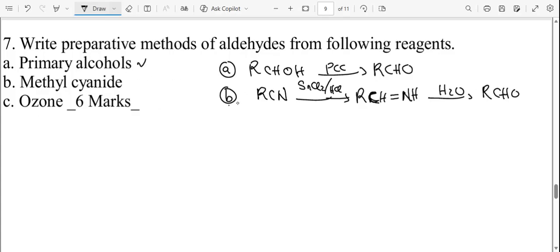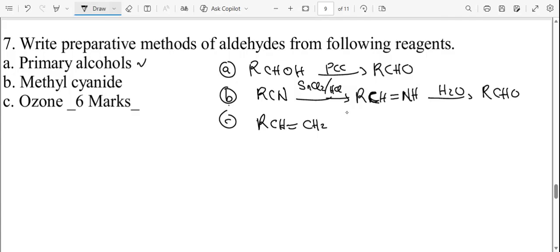Then from ozone, under ozone, we use the same thing that I formed. I'll bring this compound, let's say ethene. I'll have R, Q, then CH double bonded with CH2.